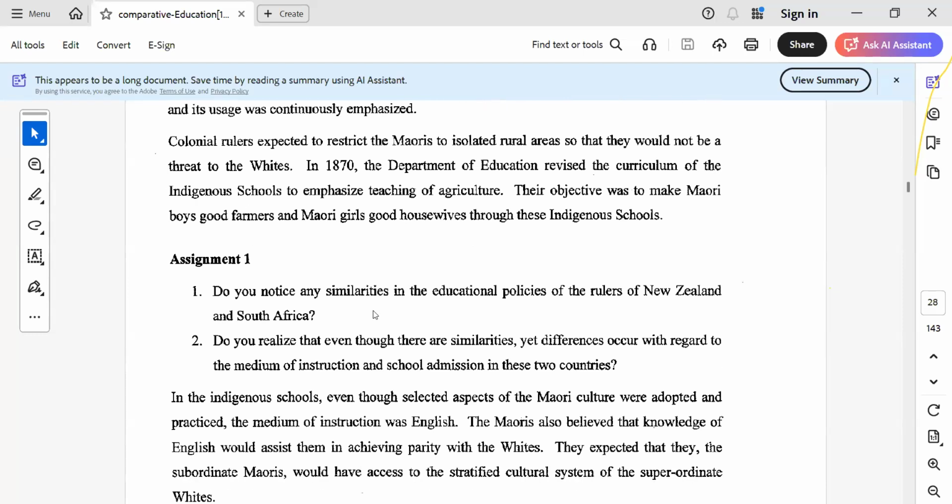So here the assignment: do you notice any similarities in educational policies of the rulers of New Zealand and South Africa? Right, so apartheid policies were fully discriminatory in South Africa. And after that, in 1996, right, they brought some changes and tried to combine both things, right? In New Zealand also, Maori schools, they took all the Maori schools under government control, right?